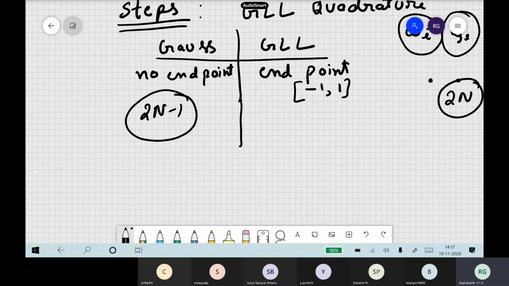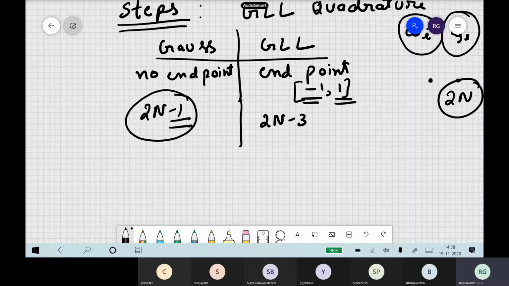Now in GLL, what is the accuracy? If n is the number of GLL points, it is exact for what order? 2n minus 3. Why minus 3? 2n minus 1 is there, and we subtract for the fixed points, because there are no more unknowns.